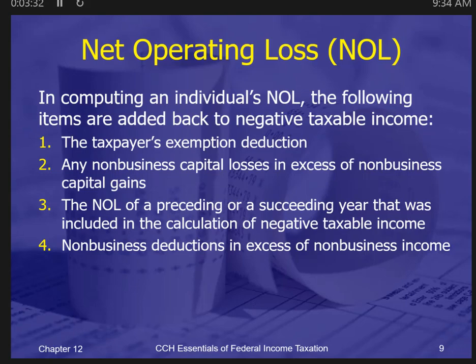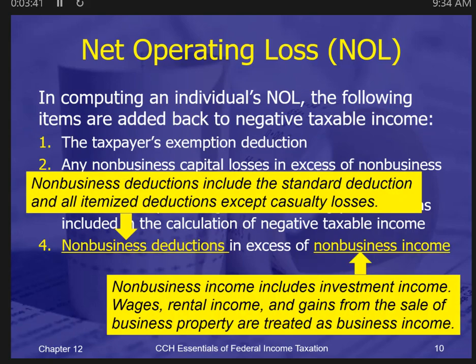Now, non-business deductions include your standard deduction and any itemized deductions except for casualty losses. So you see here that they're both highlighted. Non-business income only involves really investment income. Wages and rental income are not part of that.